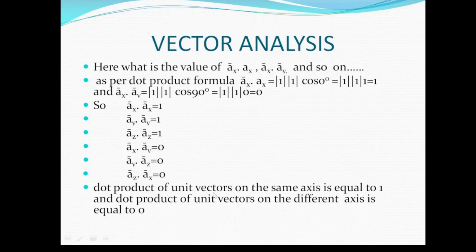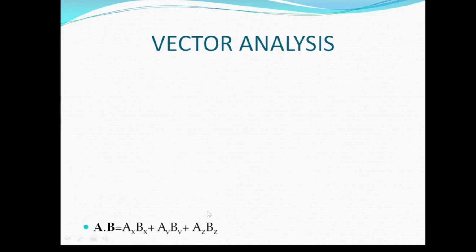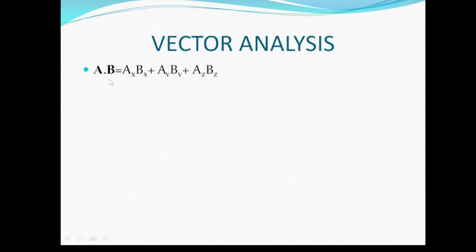So the dot product of unit vectors on the same axis is equal to 1, and the dot product of unit vectors on different axes is equal to 0. After substituting the values of the above unit vectors, we get A dot B is equal to Ax into Bx plus Ay into By plus Az into Bz.